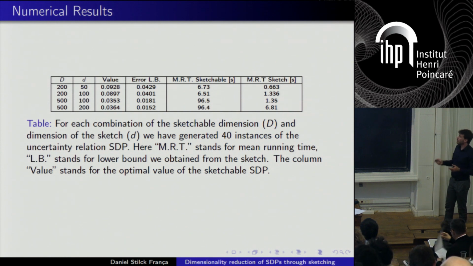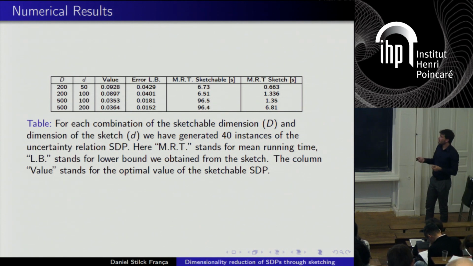With my computer, I can only solve this problem up to dimension 600 approximately. After this, I cannot do anything, but using our techniques, I can go up to dimension 4000. And you can see that it's much faster to do this sketched version, always faster by almost an order of magnitude.